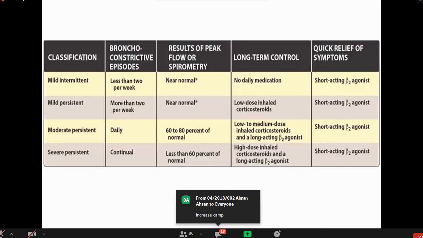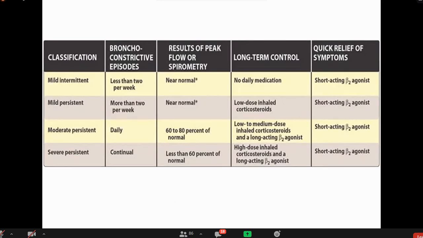So when there is no breakdown of cyclic AMP, the level of cyclic AMP remains high. That is the key for smooth muscle relaxation. And the second mechanism of action is that it inhibits the adenosine receptors. Very good. This is the question that can be asked in the MCQ related to this concept.